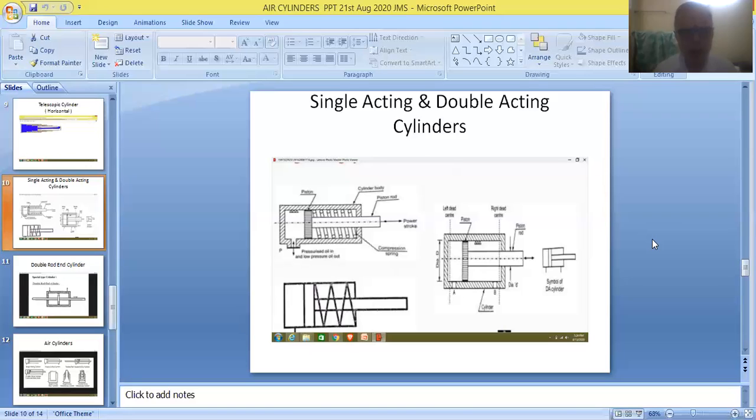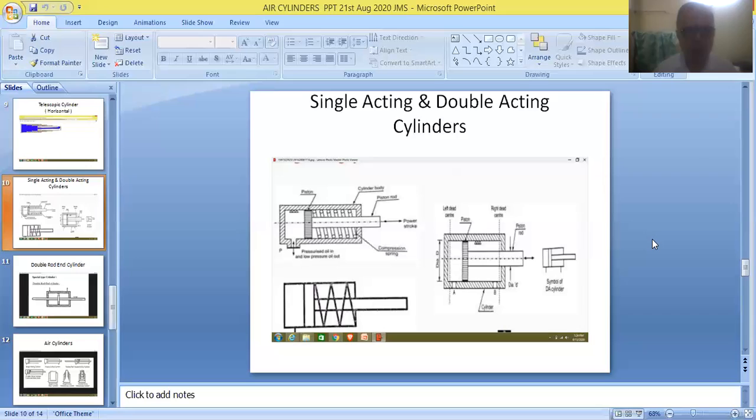And in a double acting cylinder, fluid pressure will move the piston in the forward direction, and also in the reverse direction. So this way we have to realize the basic differences between single acting and double acting cylinders.